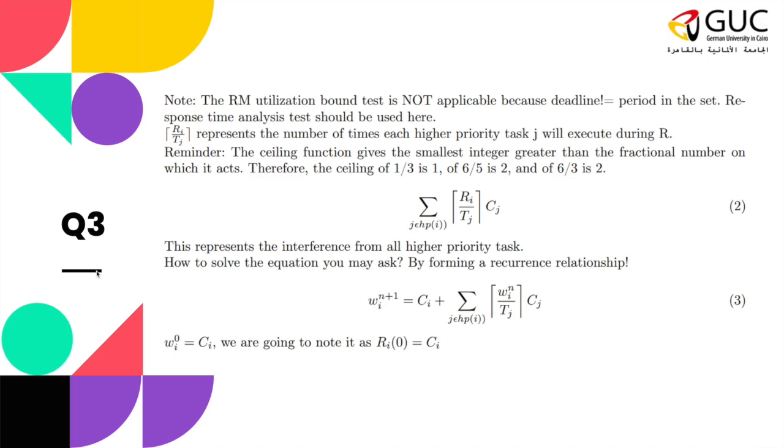If n is 0, we calculate W of 1 using the value of W of 0. The next time, we calculate W of 2 using W of 1, W of 3 using the W of 2 result, and so on. You can imagine it as a loop.